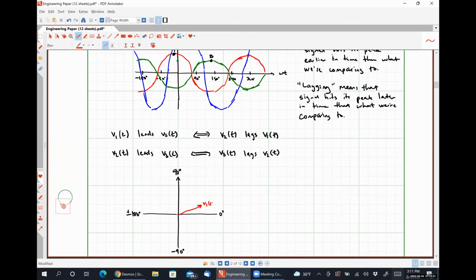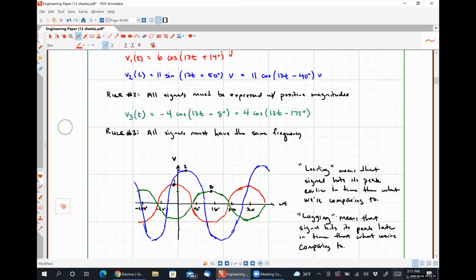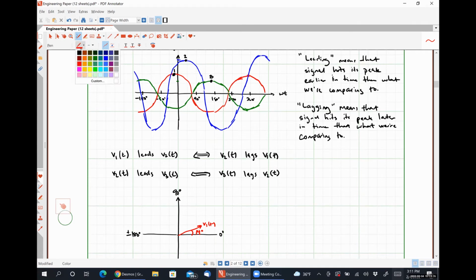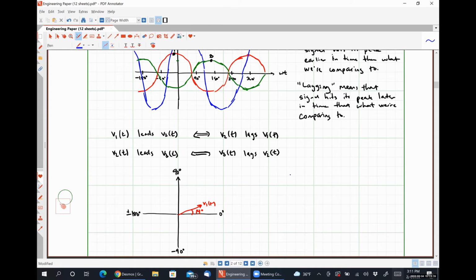Let's call this V1, where this angle right here is 14 degrees. Our waveform V2 had an angle of negative 40 degrees. So that means V2 would be something like this. It's longer in magnitude, but it has a phase angle of negative 40.